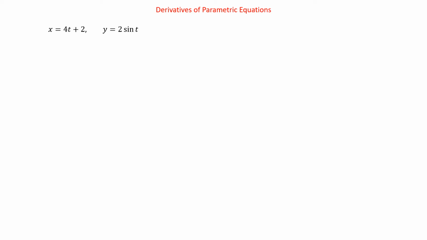So if we have a parametric equation, this is just a random parametric equation, we could take the derivatives of each side. We could do it implicitly to get something like dx equals 4 dt, dy equals 2 cosine t dt.